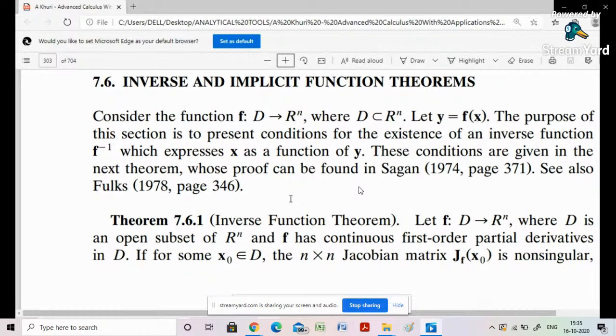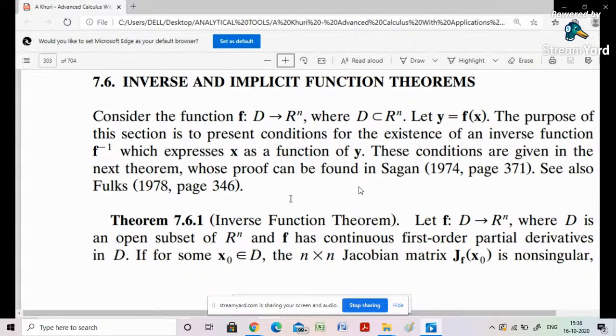Note that the domain and range have the same dimension, Rn to Rn. Let y equal f of x. Vector y is a function of vector x. Vector y and vector x belong to some part of the n-dimensional space.